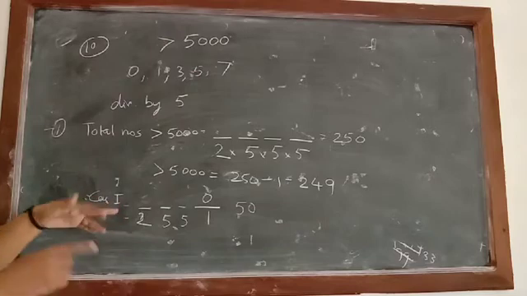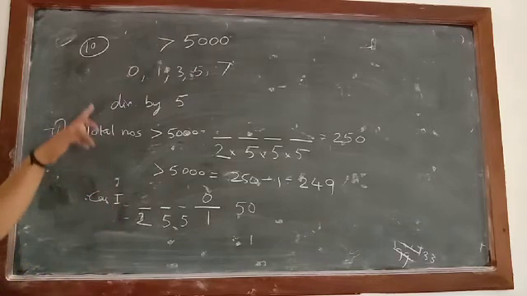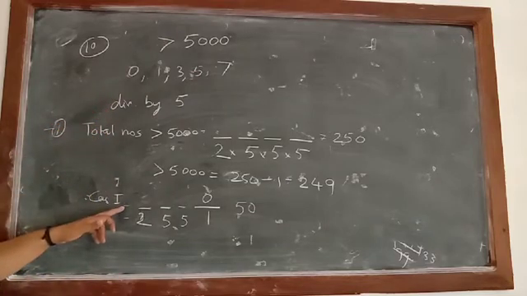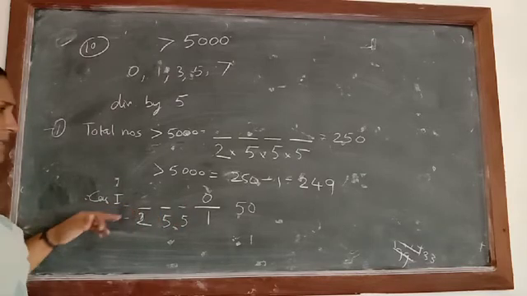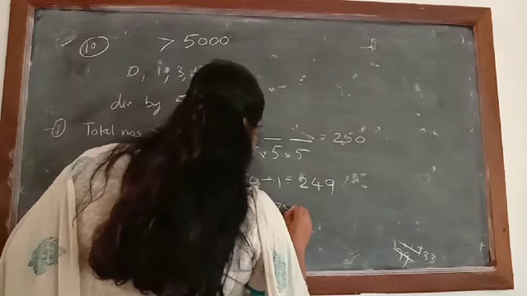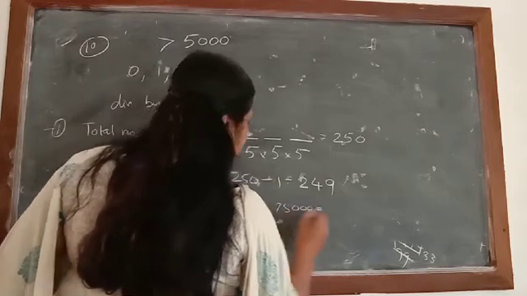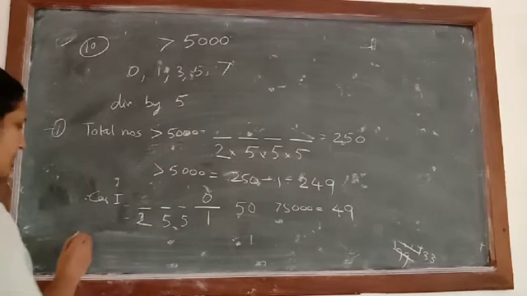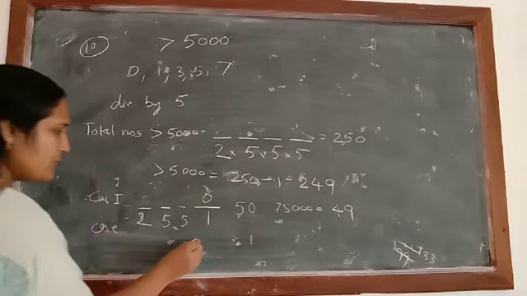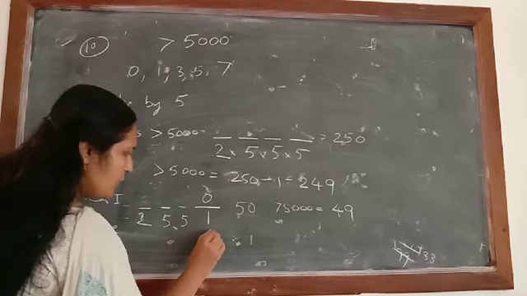But again the condition is our number should be greater than 5000. So in this case also, in some cases 5000 will come. So just write down, greater than 5000 will be equal to 50 minus 1. 49 numbers are possible. Now second case, when 5 is there in the unit place.